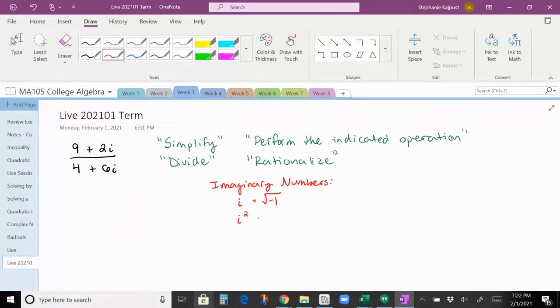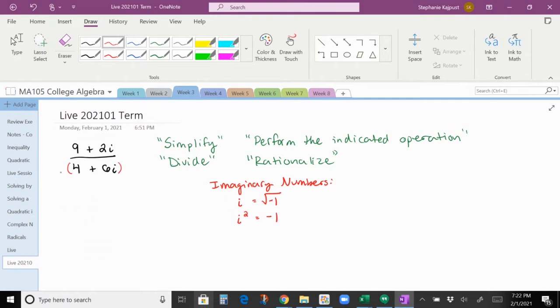But i squared is equal to -1. So we want to get rid of the i in the denominator, and we do that by trying to get an i squared, so that way the i will become -1 and it kind of disappears and we have a number there instead. So if we can make that i be an i squared, then it will get rid of the i.